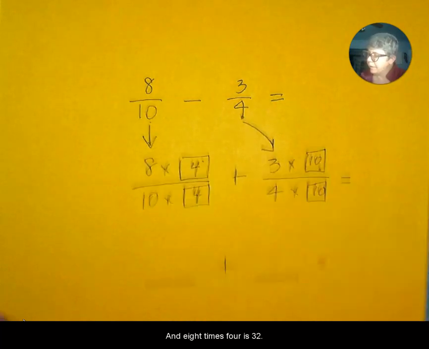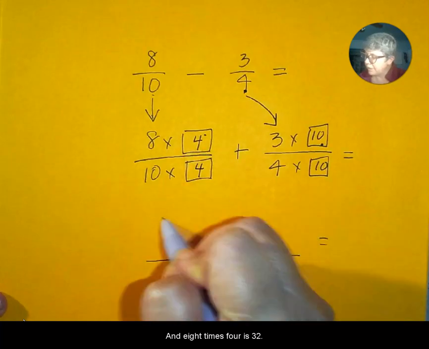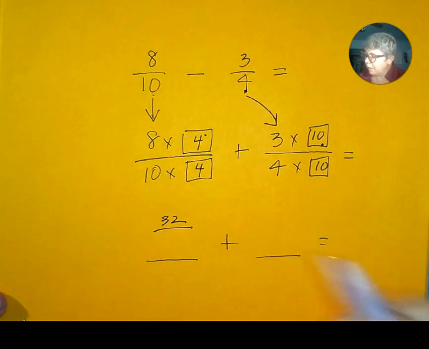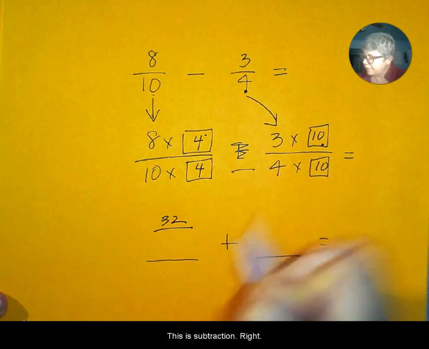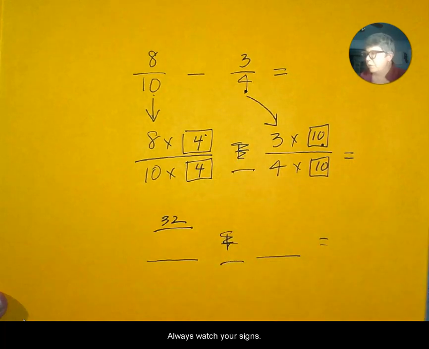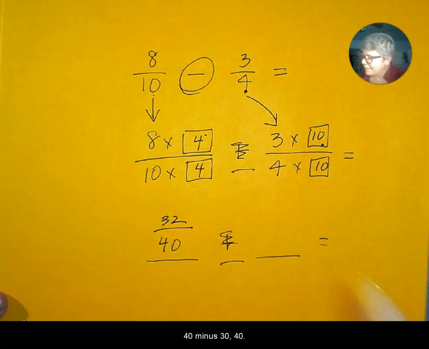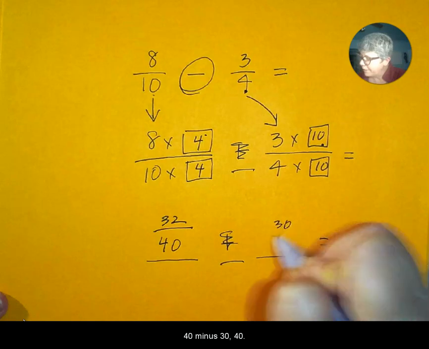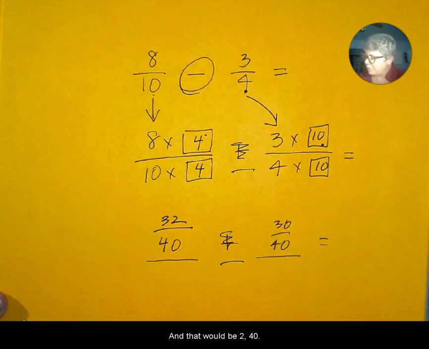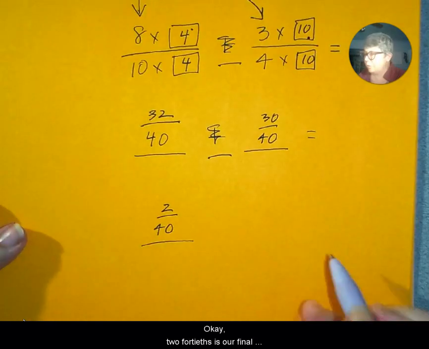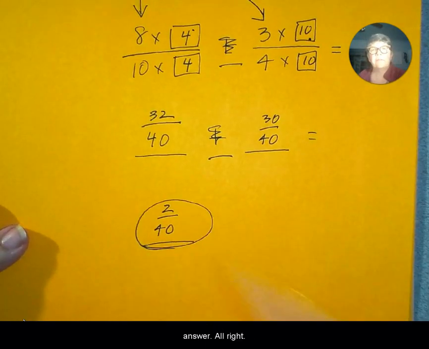And 8 times 4 is 32. I have an addition sign here. This is subtraction, right? Always watch your signs. Okay, so 32/40ths minus 30/40ths, and that would be 2/40ths. Oops, didn't see that down there. Okay, 2/40ths is our final answer.